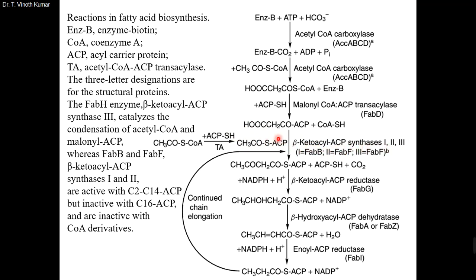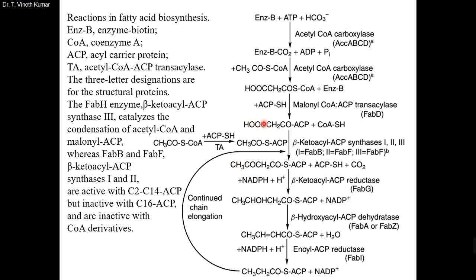So this one is reacting with this one, and the acetyl moiety is going to be transferred to the CO moiety. You can see here just a simple one, the same ACP is there, and the ACP SH moiety is already there, and the CO, CH2 and the CO are already there, and CH3 is going to be attached, and the carbon dioxide is going to be removed.